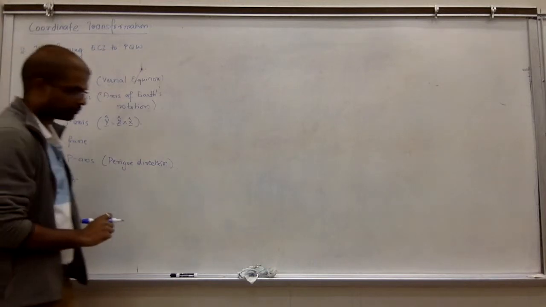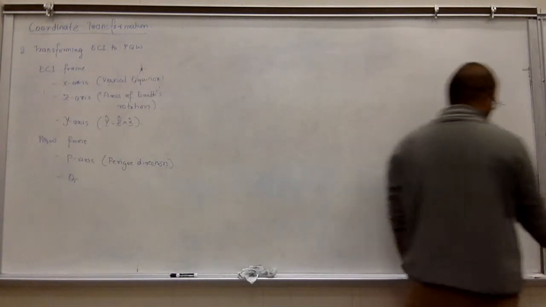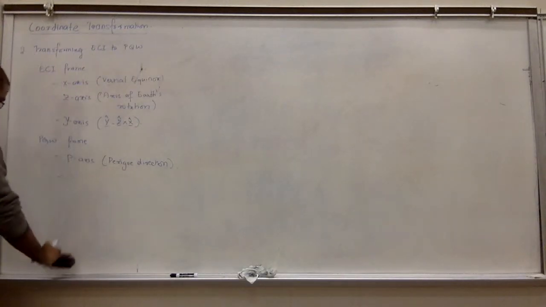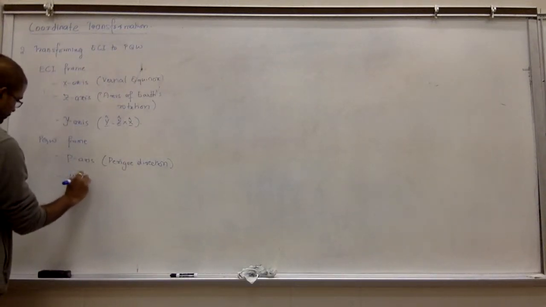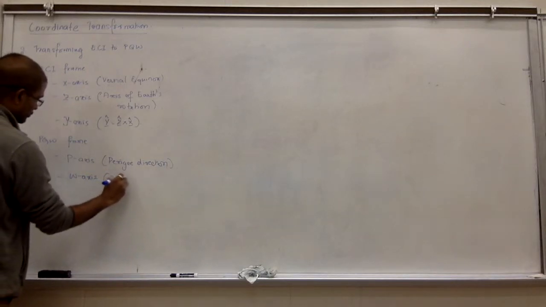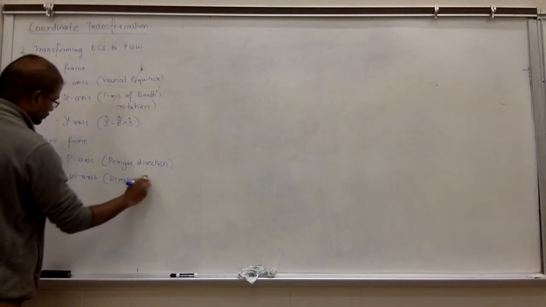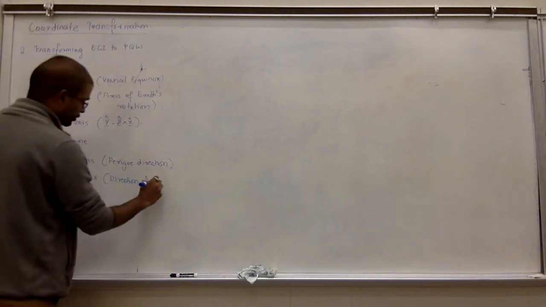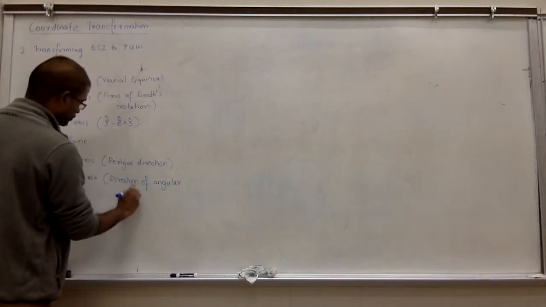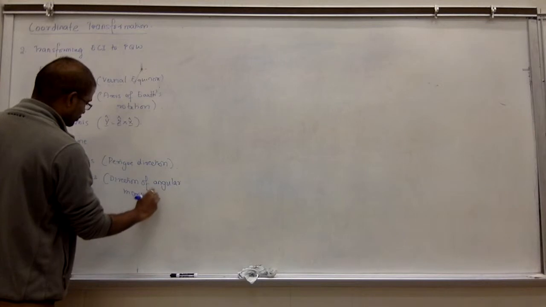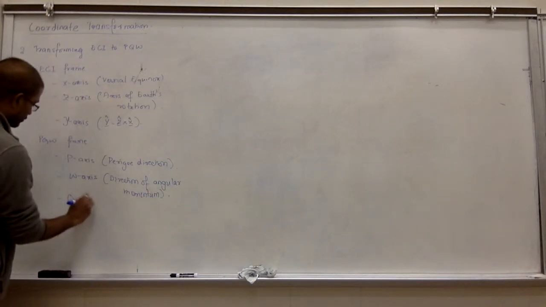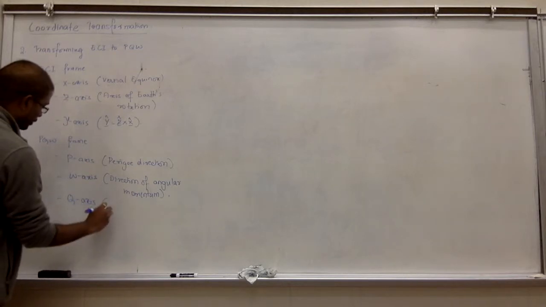The W axis is the axis the object is rotating on, the direction of the angular momentum. And the Q axis just completes the frame.